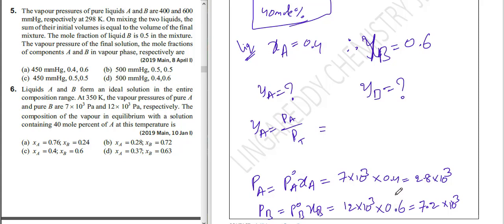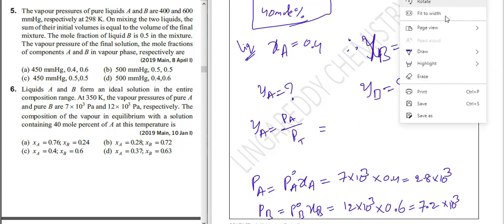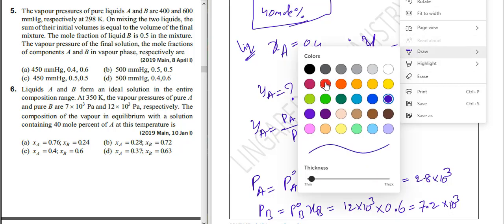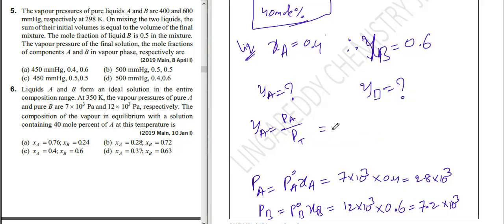Then YA equals PA, 2.8 into 10 power 3, upon total, 2.8 plus 7.2 is 10, so 10 into 10 power 3. The 10 power 3 gets cancelled, 2.8 by 10.